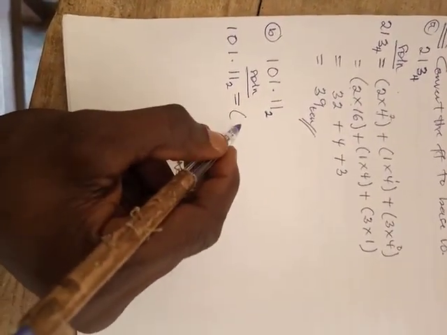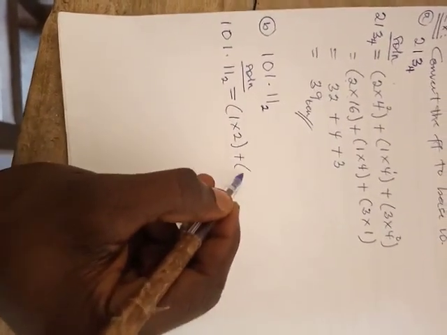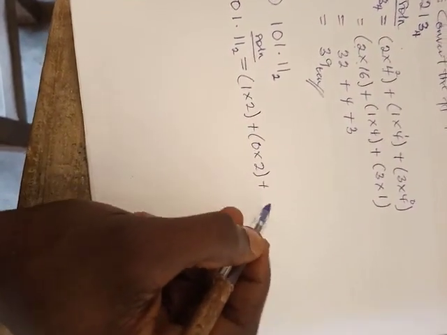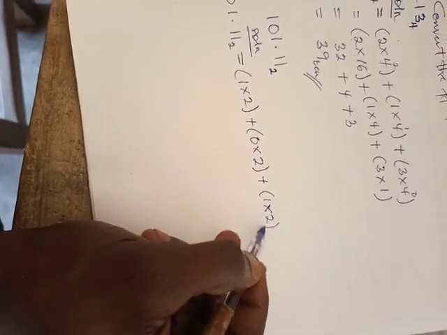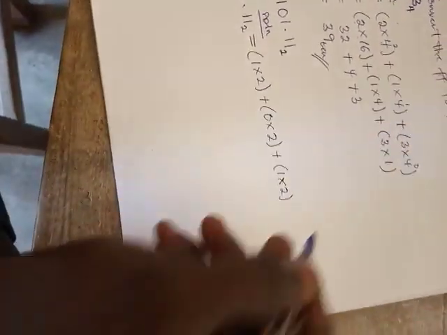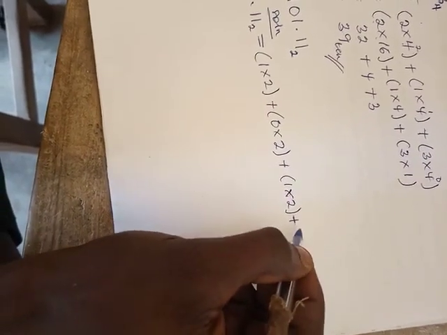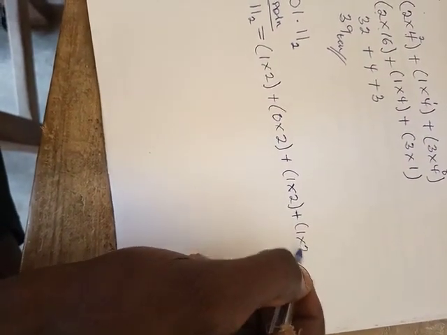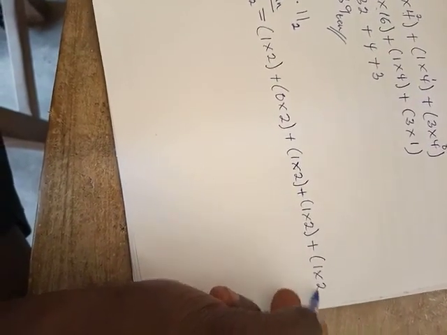We have 1 by 2, 0 by 2, 1 by 2 again, 1 by 2, 0 by 2, and 1 by 2. Now we don't need to put a point here. We still separate them with an addition sign. Now we are here: 1 by 2 again, another 1 by 2.